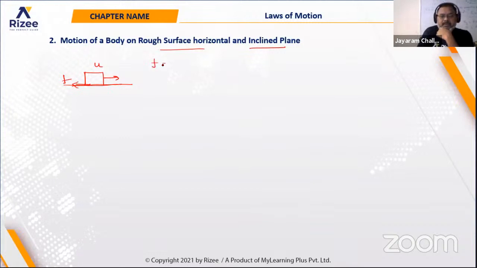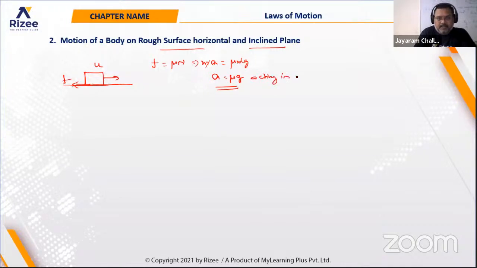Because of that friction, which is mu into normal reaction, ma is equal to mu into mg, so the acceleration opposite to the direction of motion because of the friction will be mu g, acting in the opposite direction.